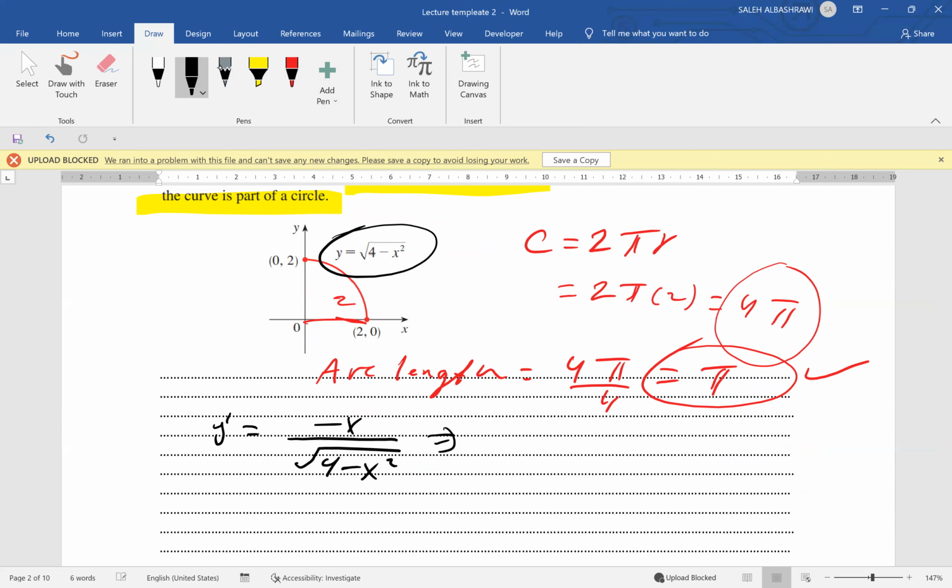So the squaring of y prime will give me x squared divided by 4 minus x squared.